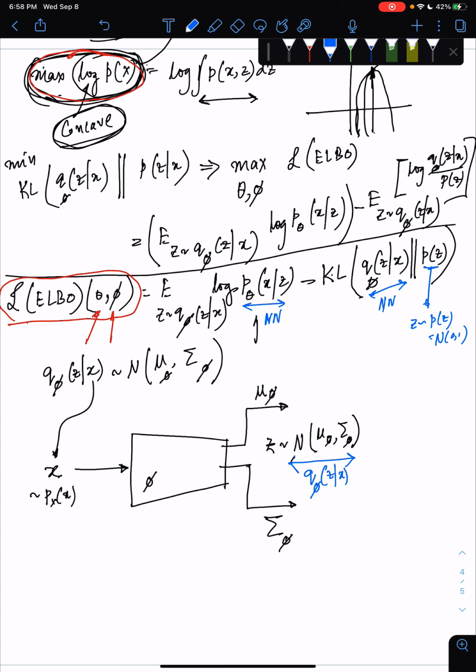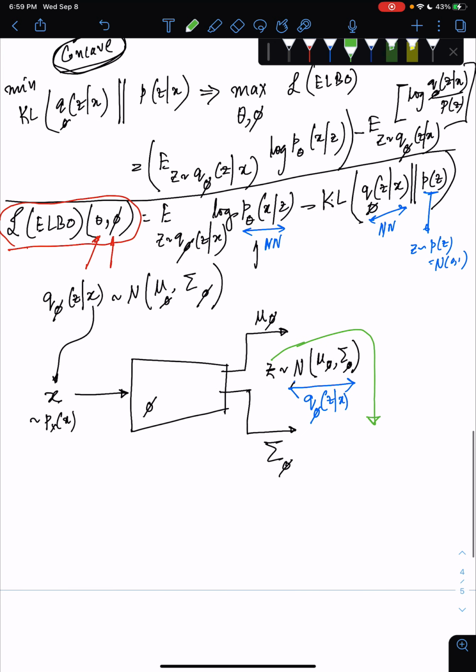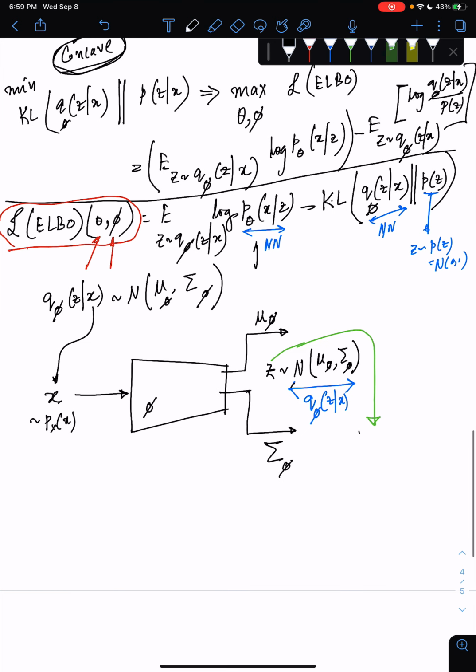Now from here this z will be fed to another network. Let's draw it like this, and this network is parameterized by theta. So z will be fed to another network, and this network will output some x hat.